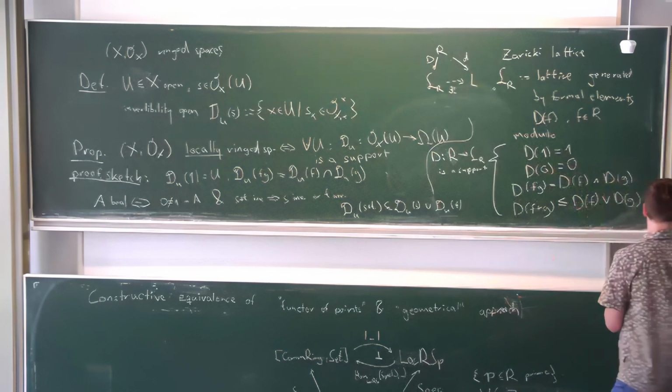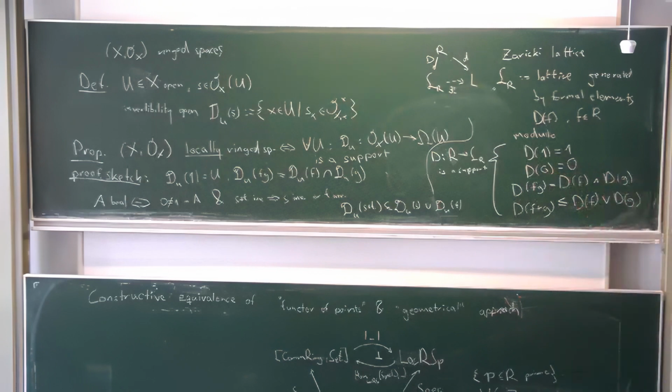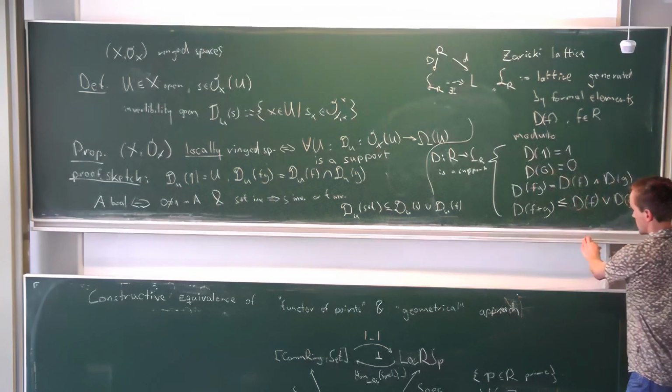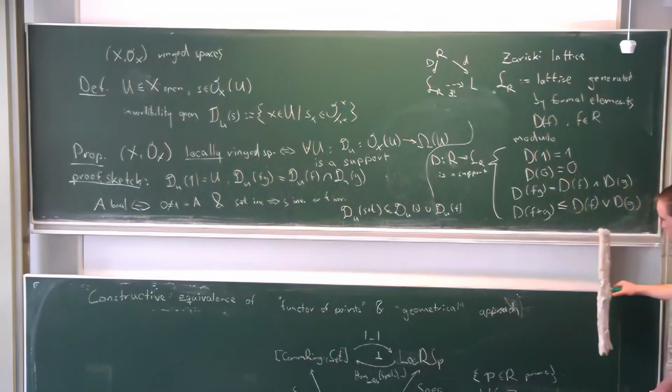And from logic, we know that locality of a sheaf of rings can be checked stalkwise, at least for those topoi which have enough points, but topoi built from topological spaces always have enough points.